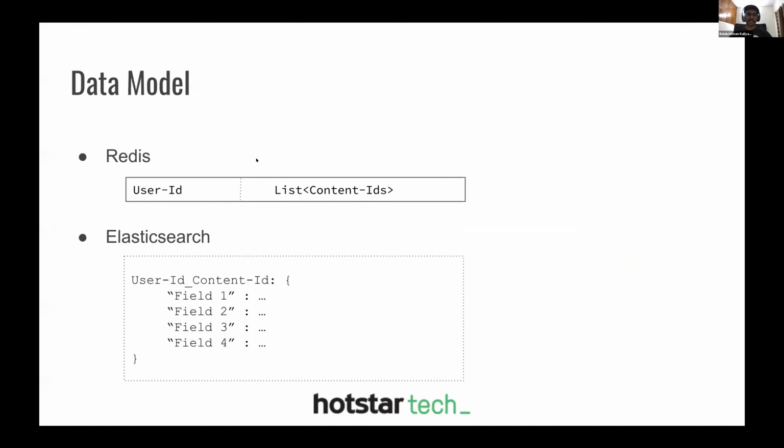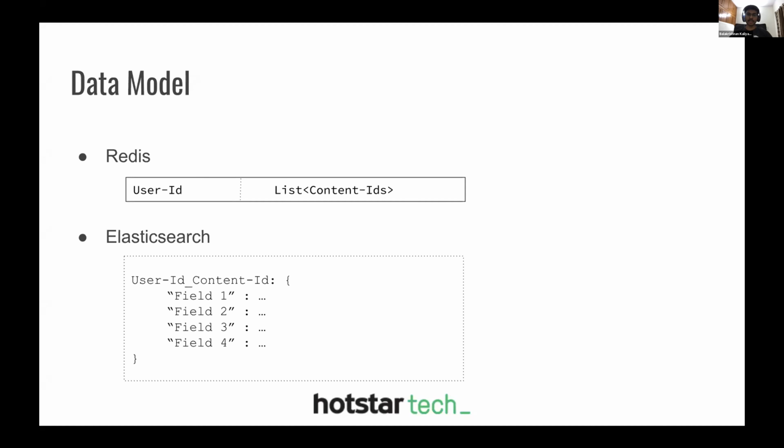These are a couple of data models we used with Redis and Elasticsearch. For Redis, we simply used a key-value structure, where the user ID is the key, and the value is a list of content IDs. Content ID is nothing but the list of shows, clips or movies he watched during his last watch, basically. And we maintain this history for long. Elasticsearch is a document where the key is the user ID and content ID.